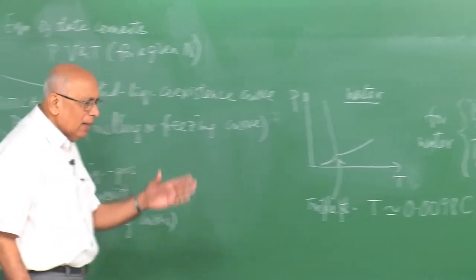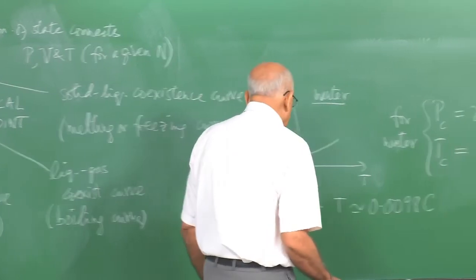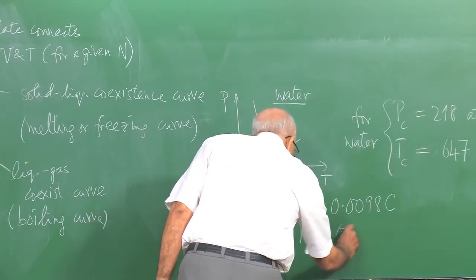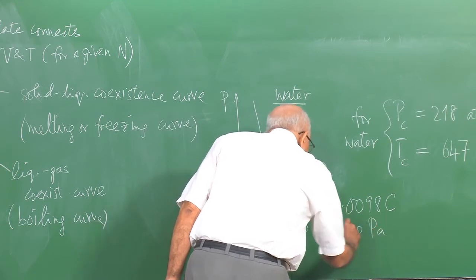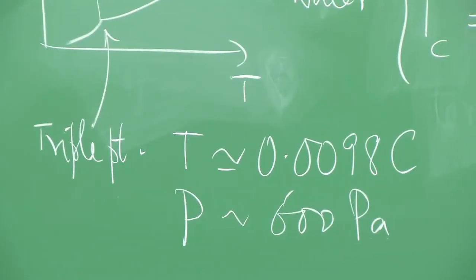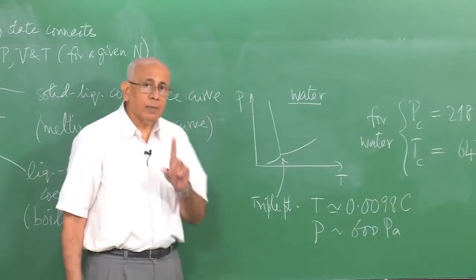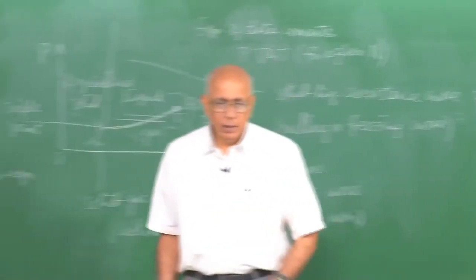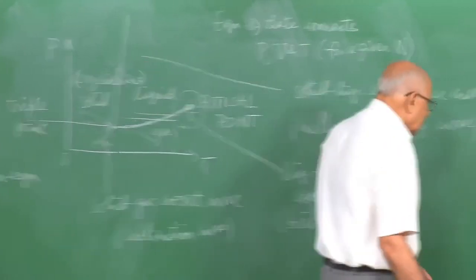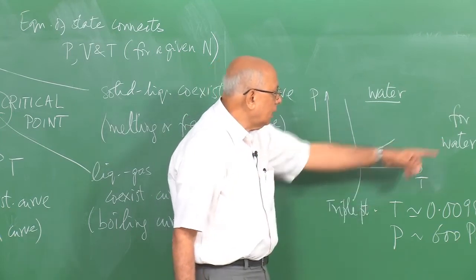So it is just a little above the freezing point at 1 atmosphere, but the pressure is much lower, of the order of, if I remember right, about 600 pascals. So it is almost 0 Celsius, and the pressure of course is much lower than 1 atmosphere. It is at 600 pascals. Remember, 1 atmosphere is a little more than 10 to the 5 pascals. So low temperature, low pressure, but the Tc is crucial.